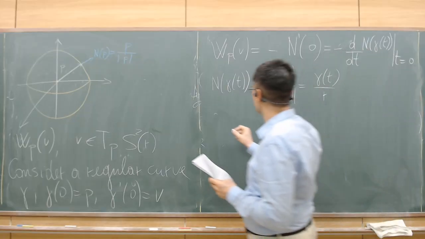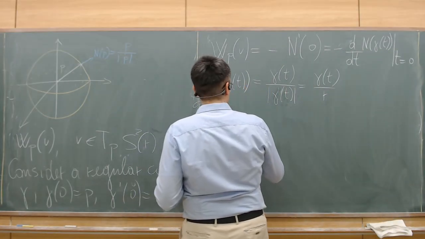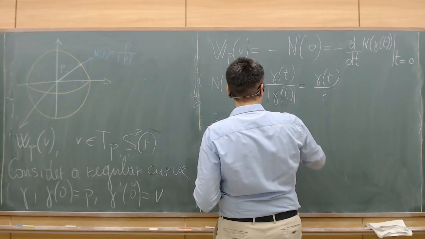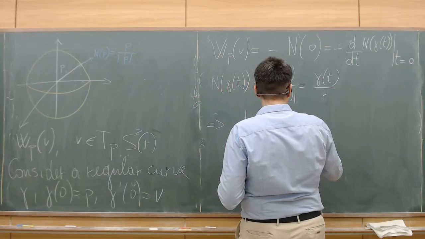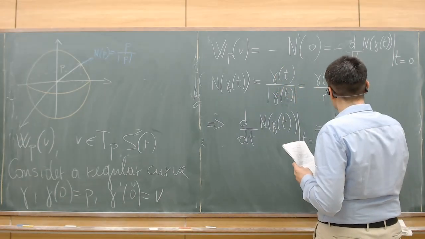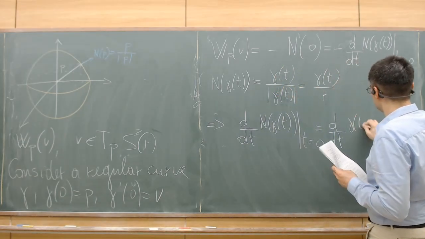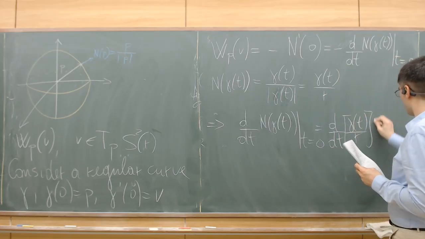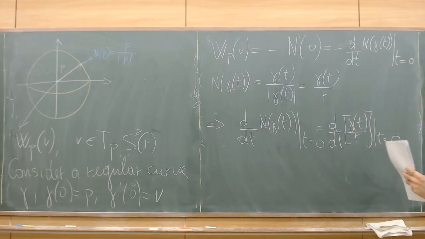So this implies that d/dt of n of gamma t at t equal to 0 is the derivative of gamma t over r at t equals 0.